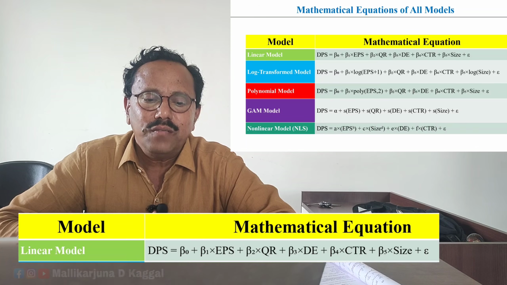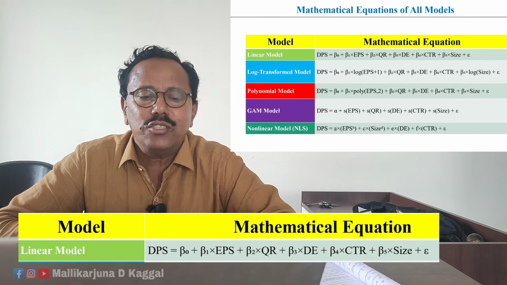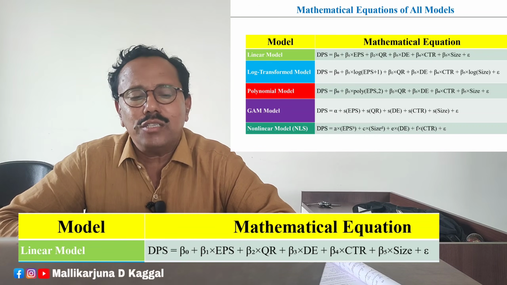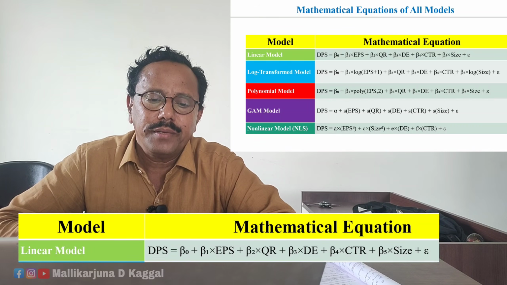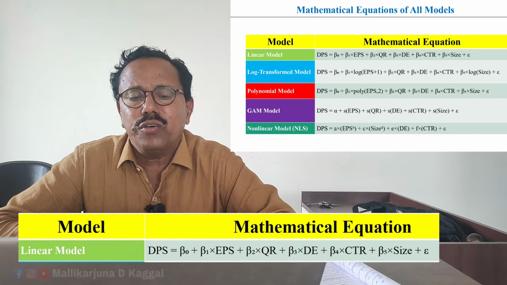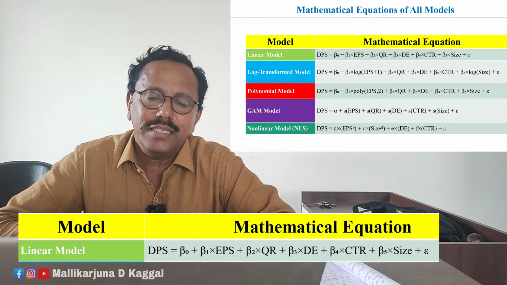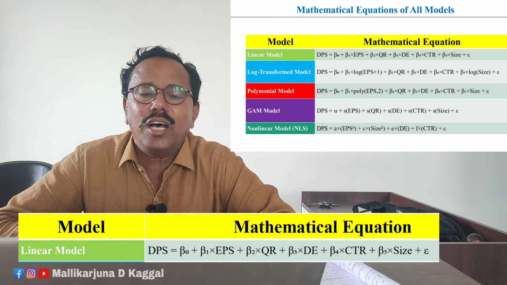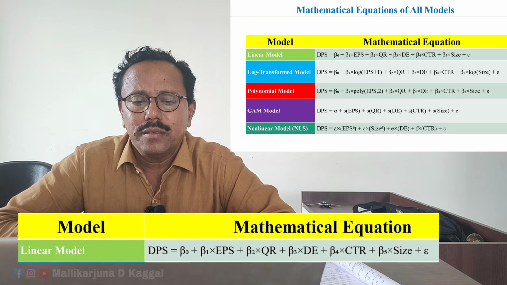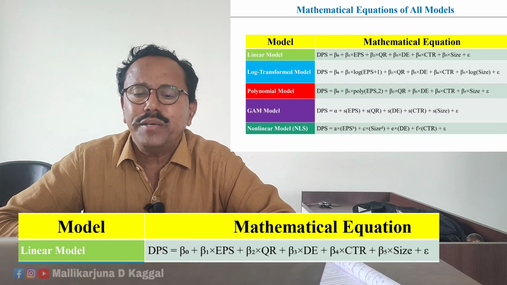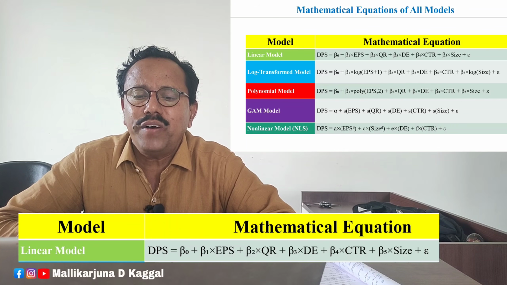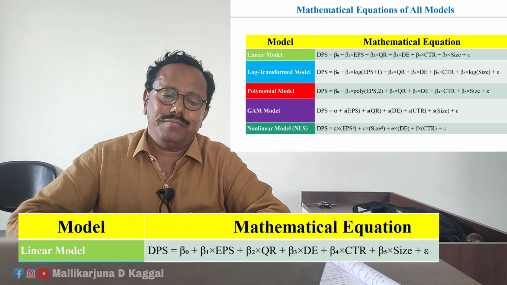The coefficient of EPS is B1, that is called beta 1, also called slope 1. Beta 2 of QR, quick ratio, is the second coefficient. Now B3 of D, B4 of CTR, B5 of size plus error term.